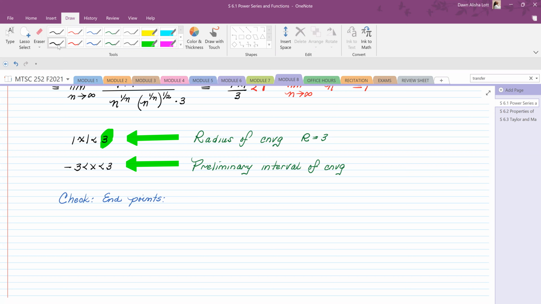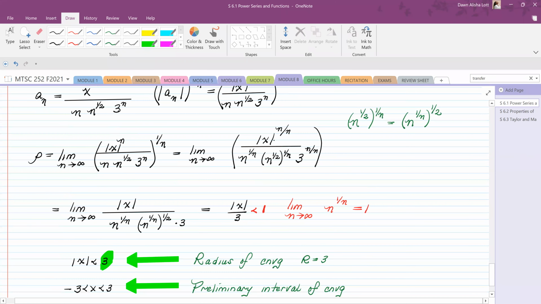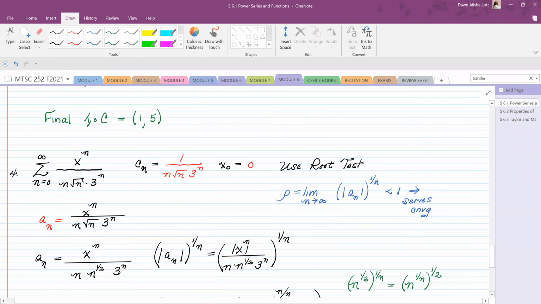All right, so how do we check the endpoints? We're going to let x actually be 3. So when x is actually 3, where's my series?